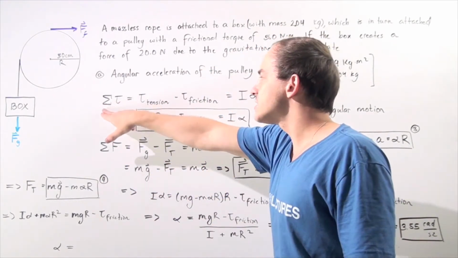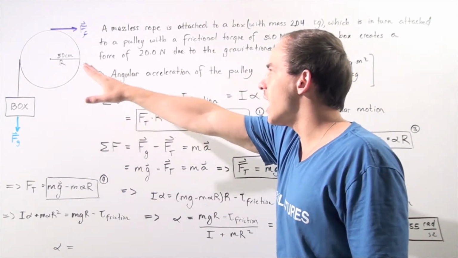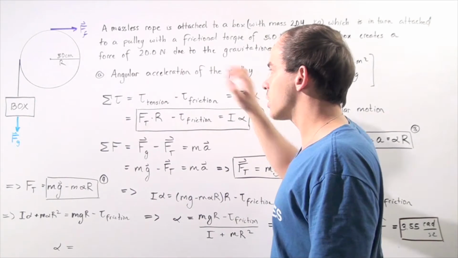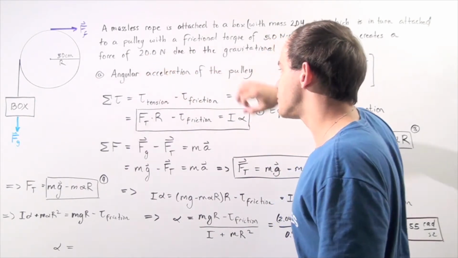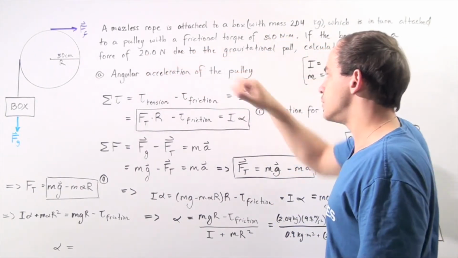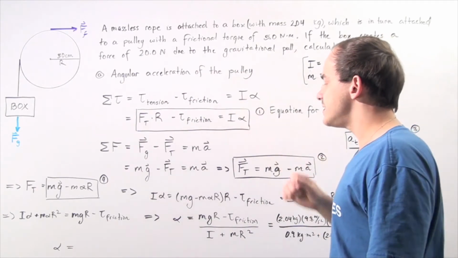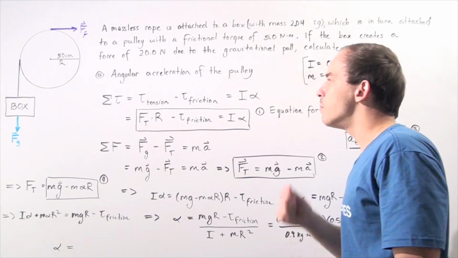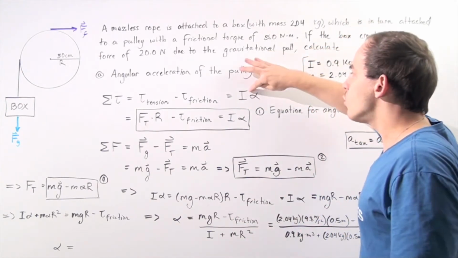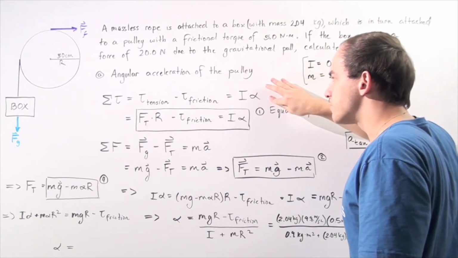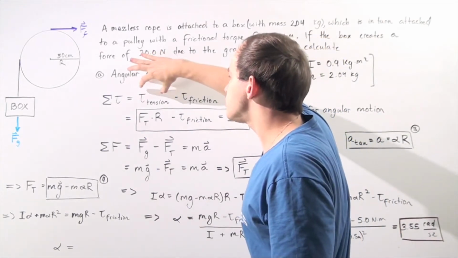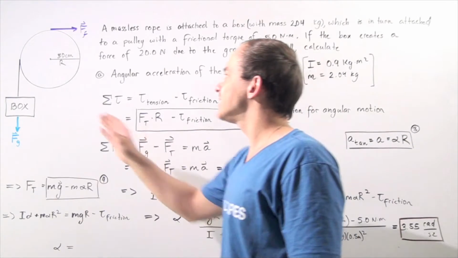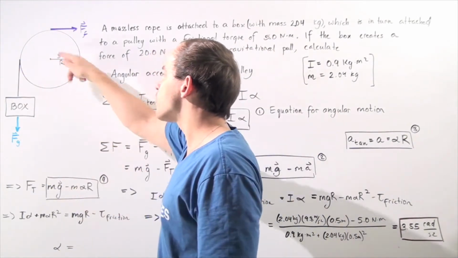So we have the sum of all the torques acting on the object that is rotating is equal to our positive torque, torque tension, minus our torque due to the frictional force. Now this is equal to our moment of inertia of the object multiplied by our angular acceleration. So let's replace this torque tension with our force tension that is acting perpendicular to the lever arm.